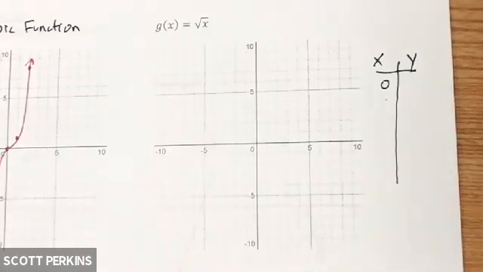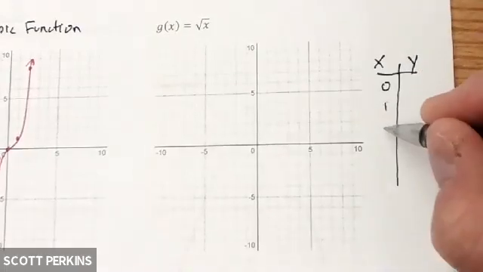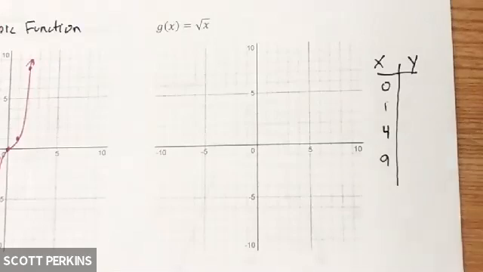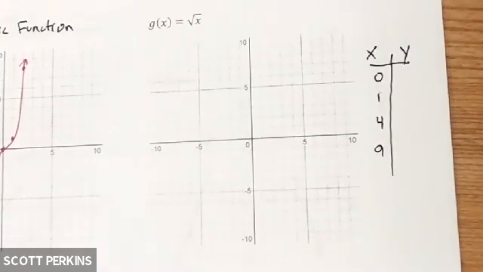So numbers that have a nice square root: 1, 4, 9. I'd use 16, I'd use 25, but again, I'm just limited by my graph size. So again, as you're writing those down, if you're wondering why in the world the Perkster picked those values, it's because I picked things that I can take the square root of in my head and ignore decimals. We're going to get very nice values here. So what's the square root of 0?